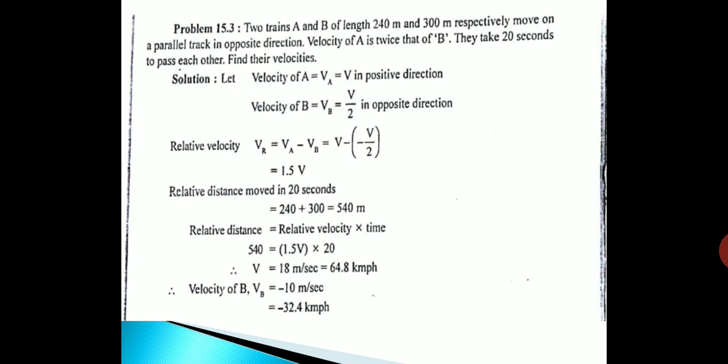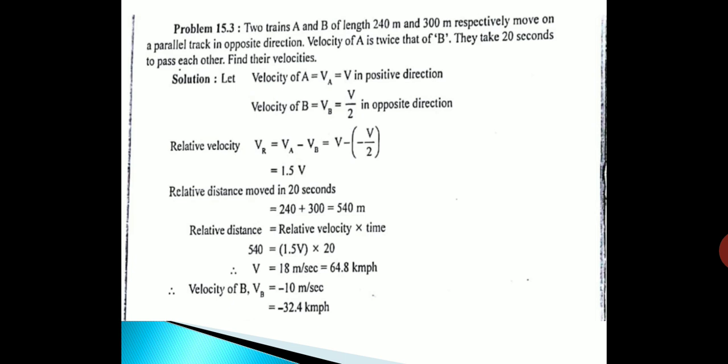Therefore, VB is half of V or half of VA, that becomes 9 meter per second. Sorry, there is a printing mistake here in the PDF. 18 divided by 2 should come as 9, but it has been printed as 10. Please make the correction when you are writing it in your notebook, and further we can convert it into kilometer per hour.